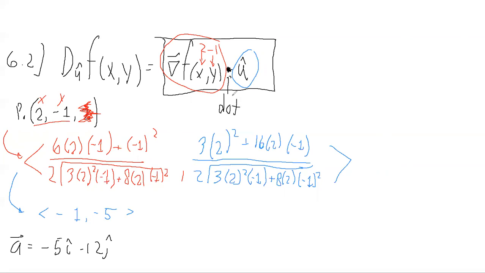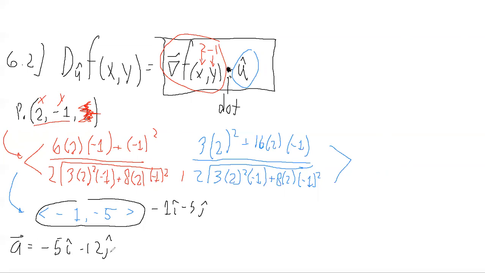A dot product is the product of multiplying two coordinates. If you want the gradient as Cartesian, it'll just be -1i minus 5j.